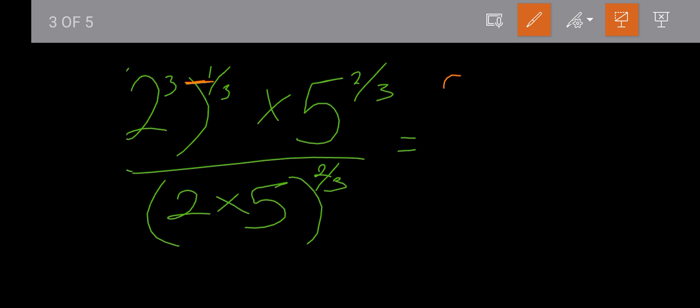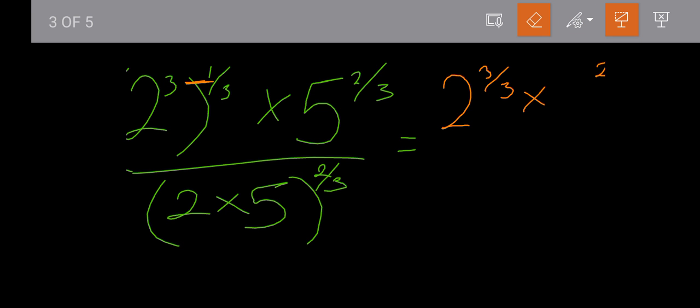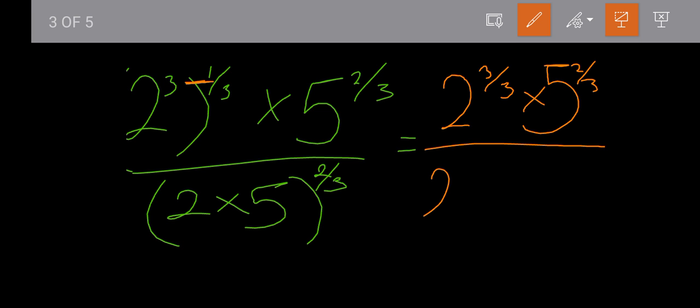So this becomes 2 raised to the power 3 over 3 times 5 raised to the power 2 over 3 divided by 2 raised to the power 2 over 3. I want to open the bracket now, times 5 raised to the power 2 over 3.